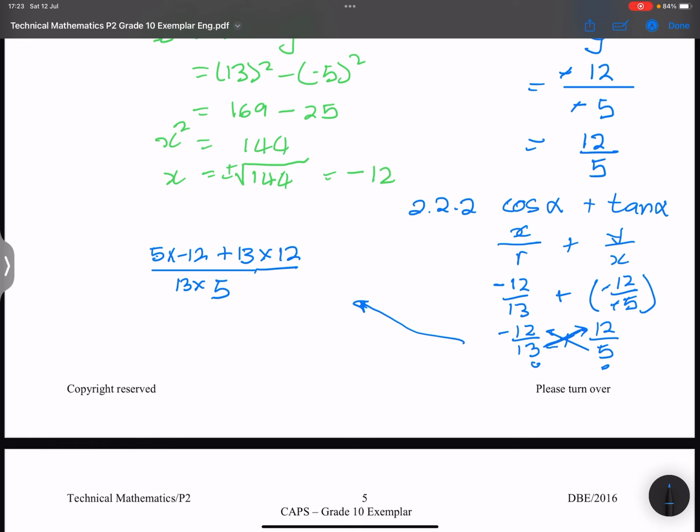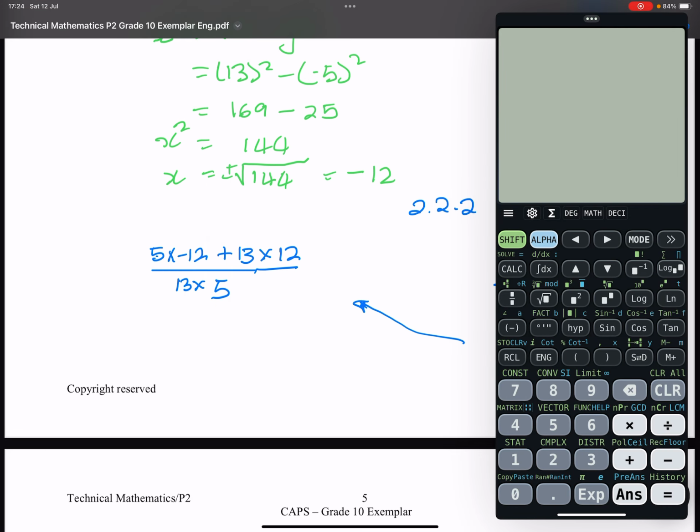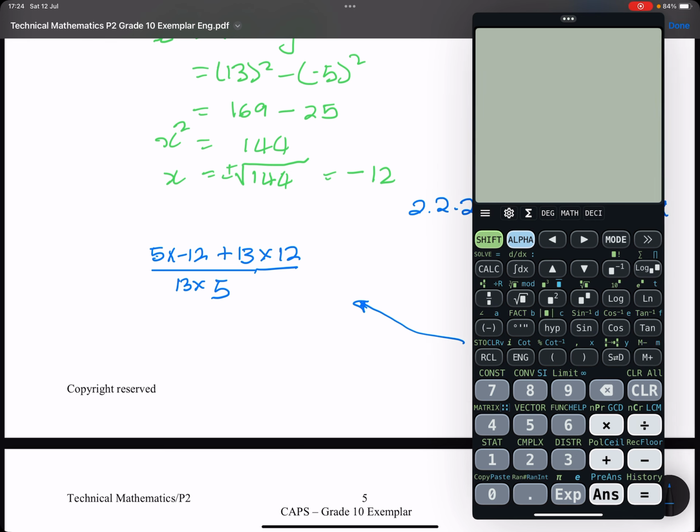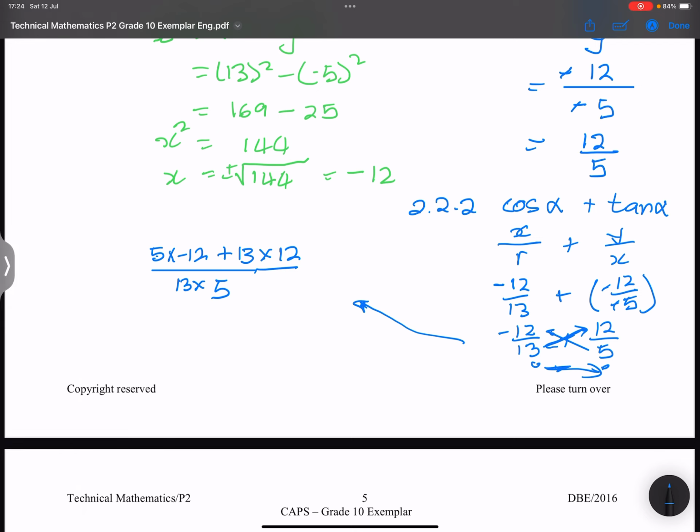So I cross multiplied those two and took the LCD, which is the product of the two denominators. You could also have worked it out on the calculator, and I just want to show you that we would get the same value. Negative 12 over 13 plus 12 over 5 gives us 96 over 65.